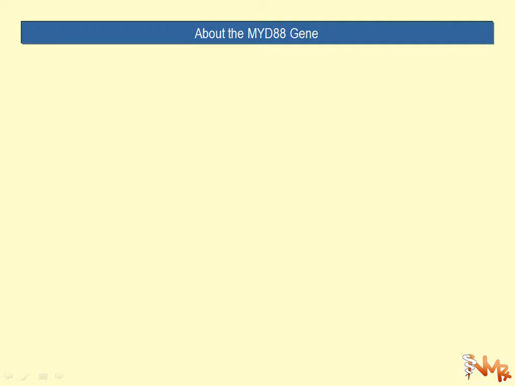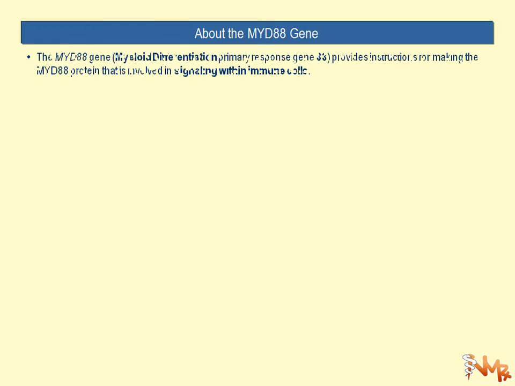So let's talk about MyD88 gene a little. I know it came up and you have questions about it. I'll try to make it more exam relevant and relevant to the concepts that are highly tested on the exam. This gene, MyD88, stands for Myeloid Differentiation Primary Response Gene 88, if you have been curious what this acronym stands for.